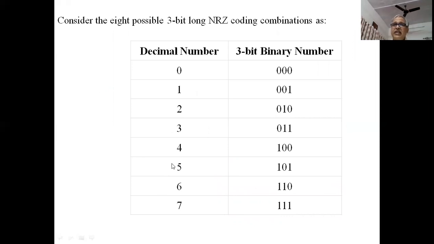Now we consider a 3-bit long non-return to zero coding combination.